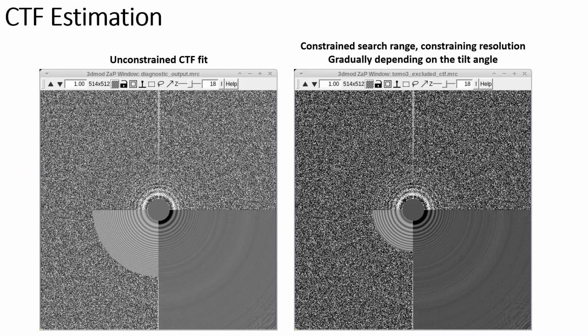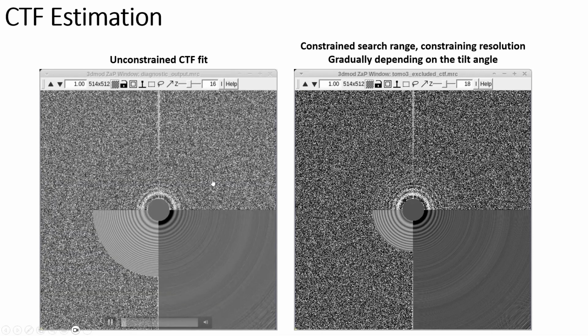To show it in more detail, here we have a fitting of an unconstrained CTF. What we see here is the measured data, the radial average of the measured data, and then the fitting. We start at the middle tilt with a 0 tilt angle, and we see that we have a very perfect fit.